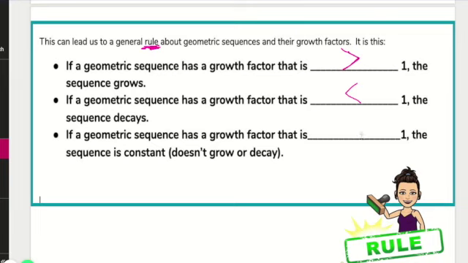It's getting smaller. So for our example where the growth factor was 0.75, the sequence was getting smaller each time. If it's a growth factor of 2 or 1.5 or anything bigger than 1, it's growing. If a geometric sequence has a growth factor that is equal to 1, the sequence is constant. It doesn't grow and it doesn't decay.